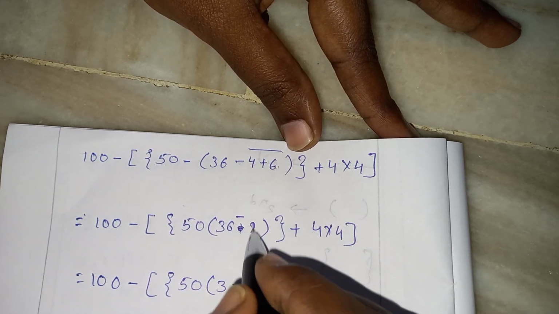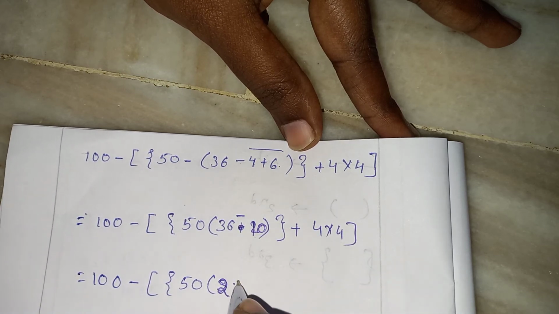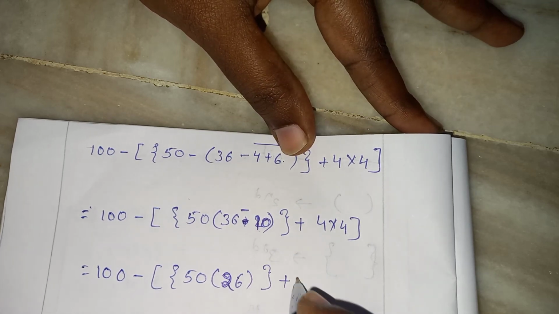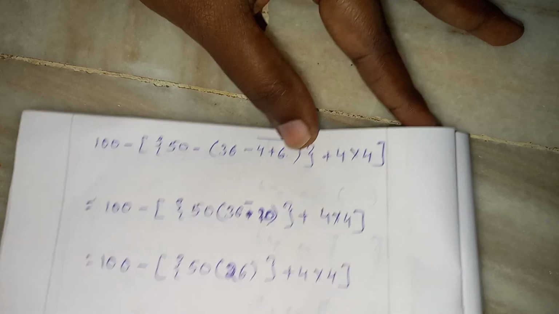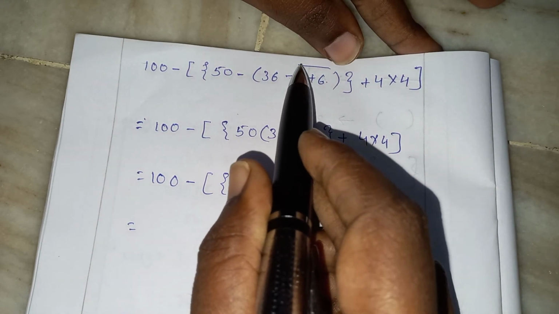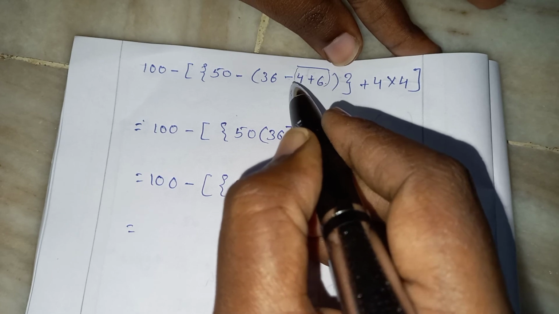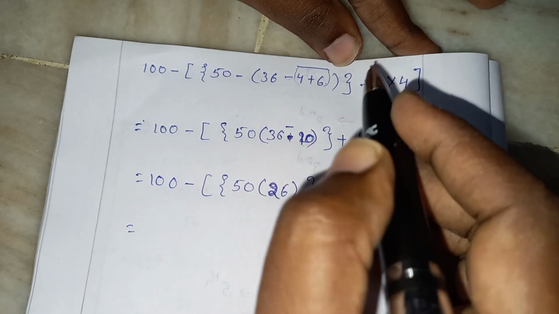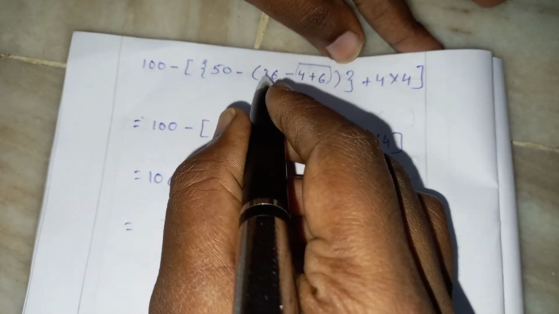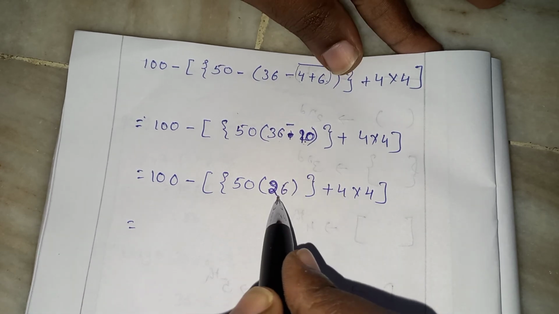Here for 4 plus 6, it will be 10. 36 minus 10 means 26. Plus 4 into 4. Hope you understand, right? We have to do under the line. Unfortunately I calculated it as minus 4 plus 6. Okay, sorry, this minus is for 36. I mean this result we have to do with 36. 36 minus 10, 26.